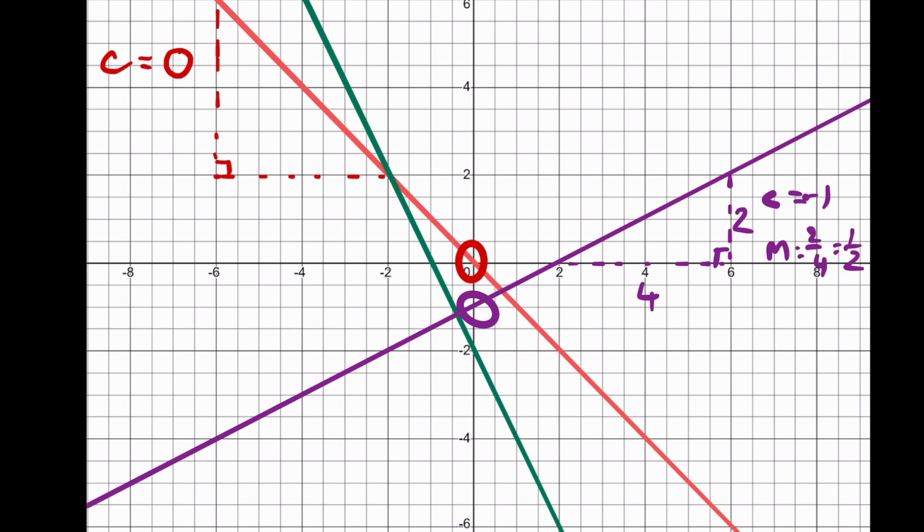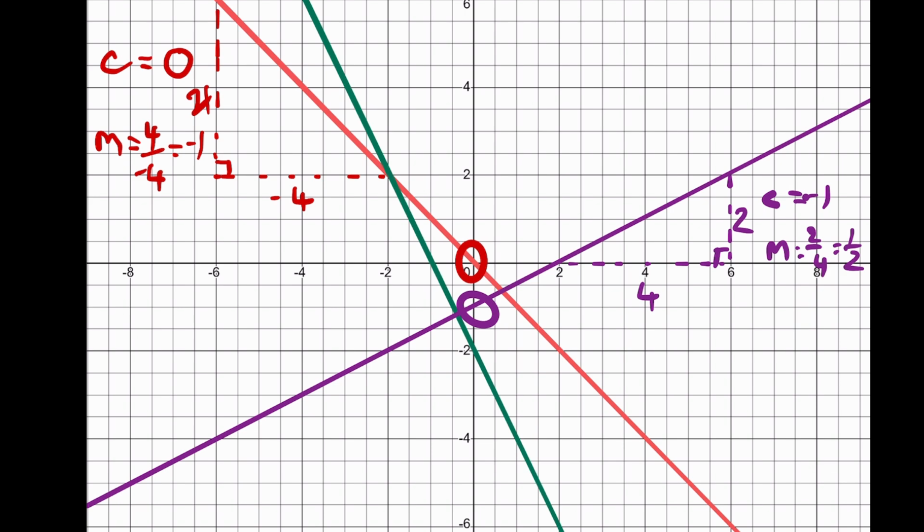This is just so I had easier numbers to demonstrate with. So 2 and 6 is 4. And between -2 and -6, the difference, of course, is 4. But you might notice we're now going towards the left instead of the right. So we're going to call this -4. So our gradient is going to be 4 divided by -4. And that's going to be -1 as our gradient for the red line.